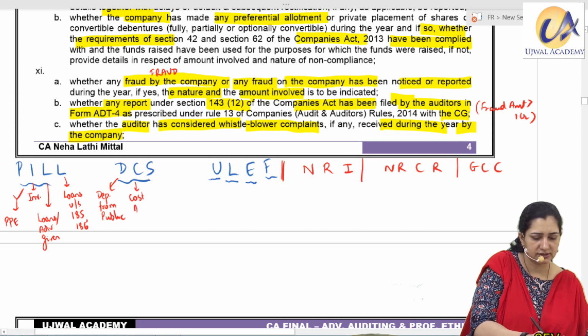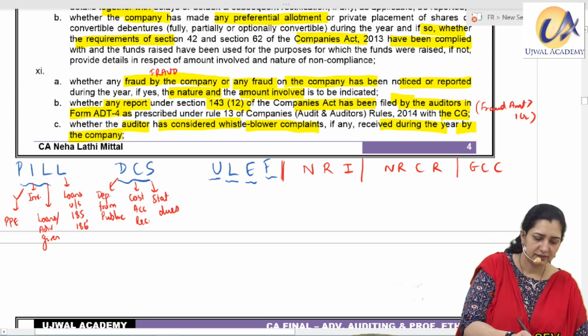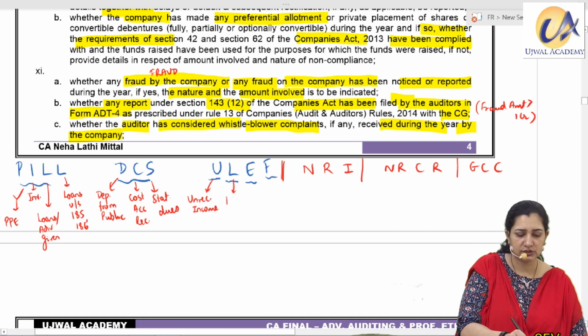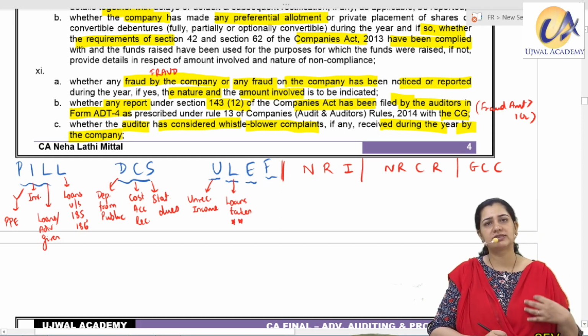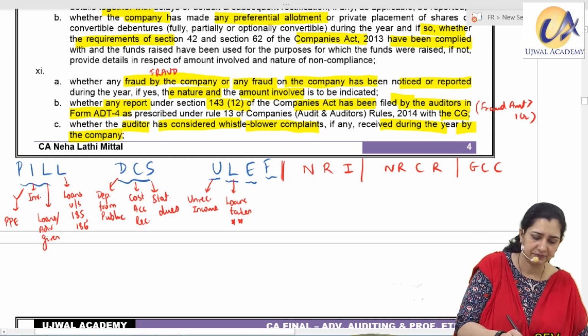Cost accounting records. Statutory dues. Same order. 7 over. This was your unrecorded income or undisclosed income. L we had got was loans taken. This comes quite often. Default in the loans, purpose of the loan, application, short-term use for long-term purpose, etc.